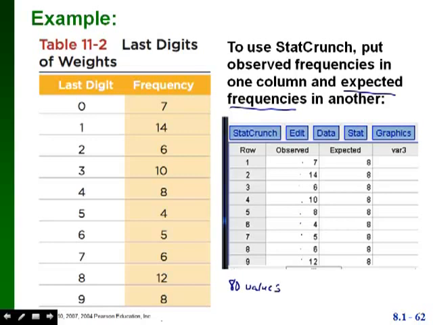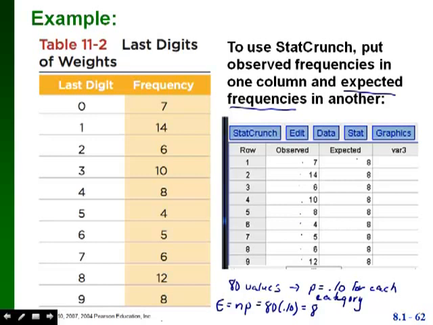And the distribution that we're trying to fit this to is that each of the proportions is 1/10 for each category. So that means our expected frequency for each category, remember this was N times P, so we're going to have 80 times 1/10 for each one, and that gives us 8 as an expected frequency for each category.